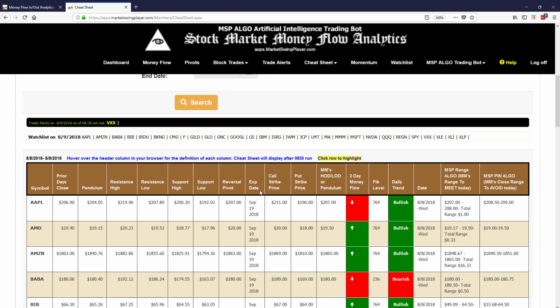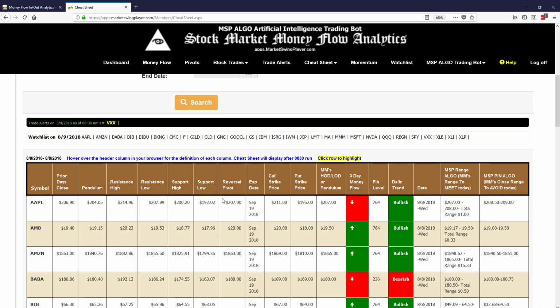This is the expiration date of options, just probably ideas of what type of options you may want to get, and also the high and low of that option range based on the support and resistance levels. Okay, we got our 3-day money flow, fib, daily trend, and today's date. In this scenario, it was August 8th, and it was Wednesday.